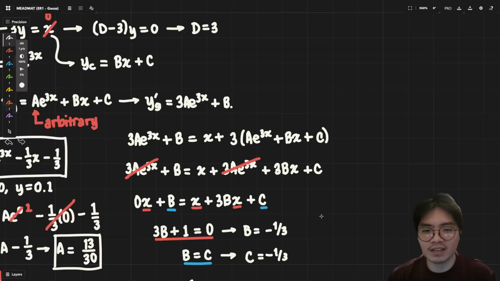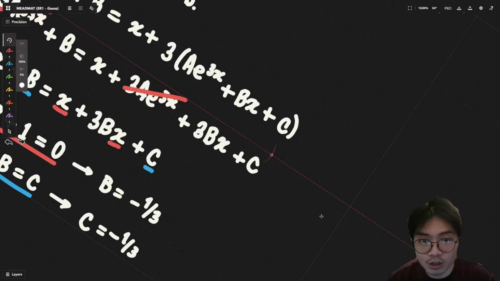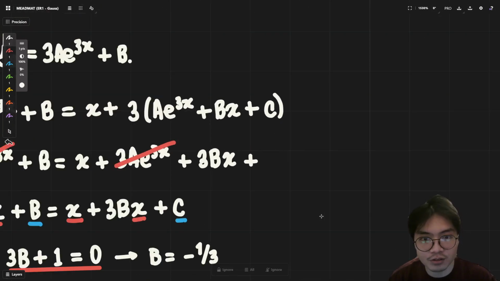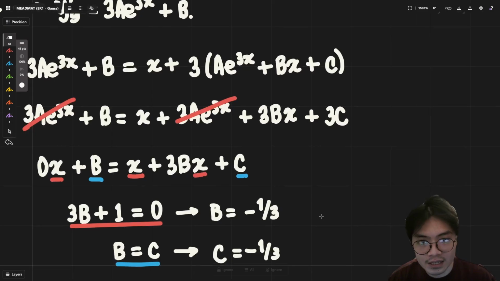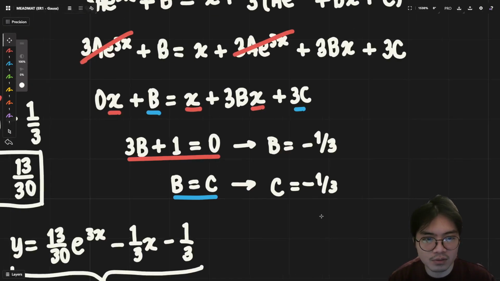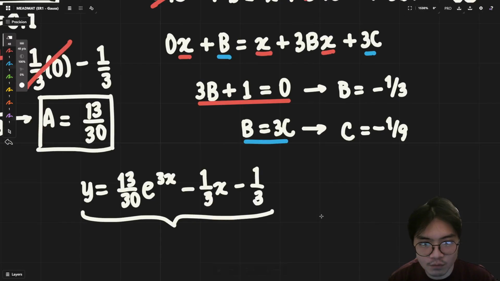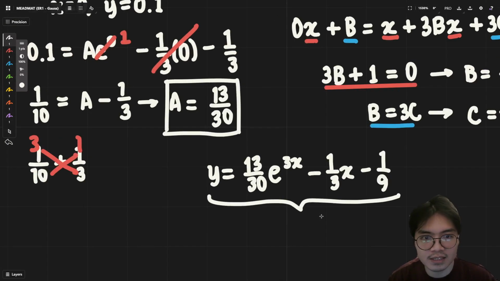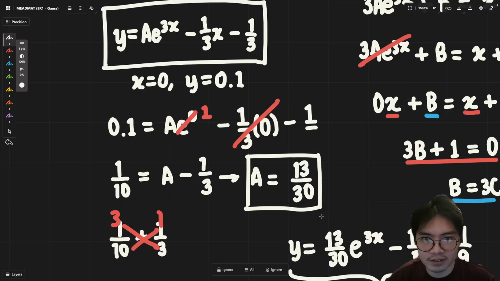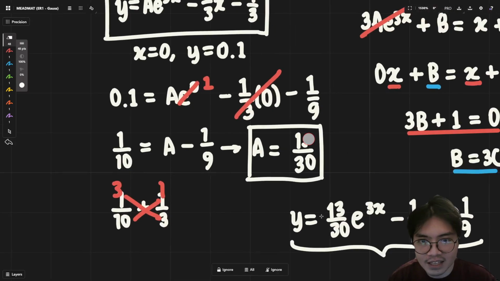oh, there it is. There's the mistake. Oh my goodness. Wow. So the differential equations caught it before I did. Very interesting. So this should be 3c instead of c. Now we have this b equals 3c. That means that your c is now going to be negative 1/9. So in this case, instead of this being 13 over 30, this should be 19 over 90.